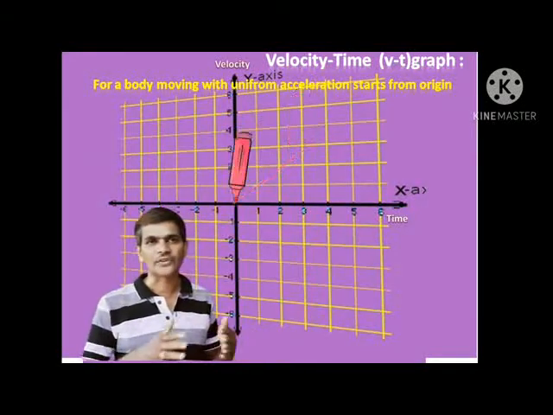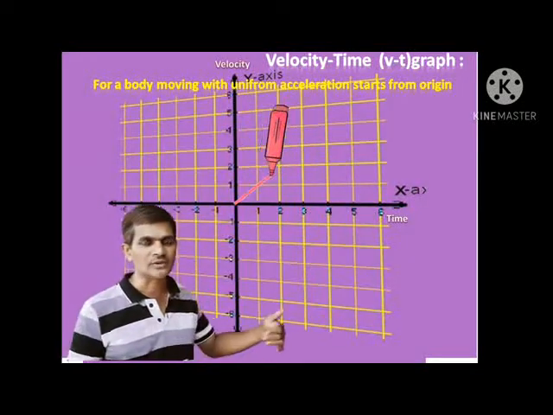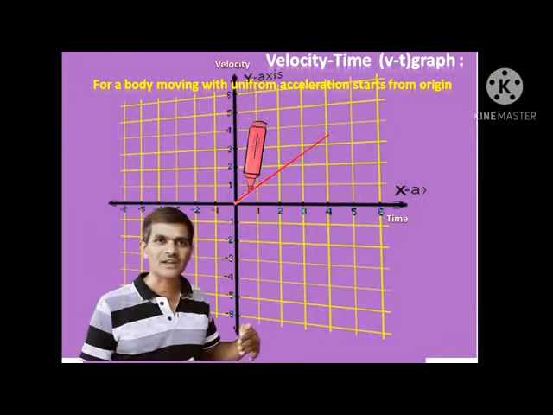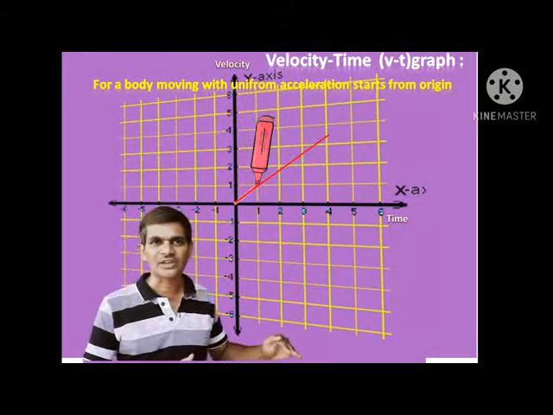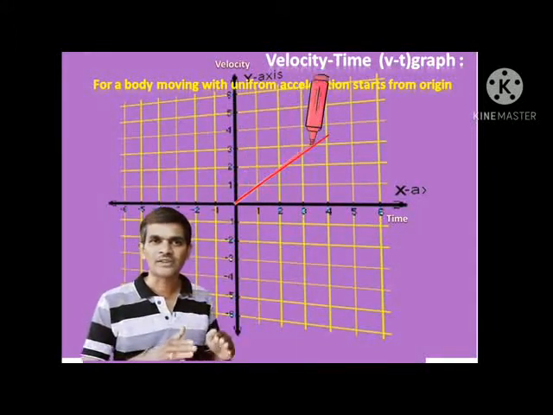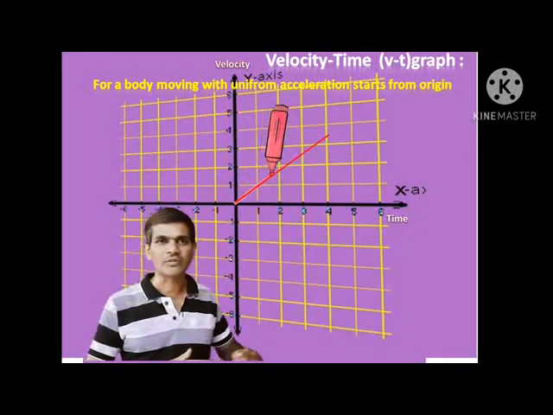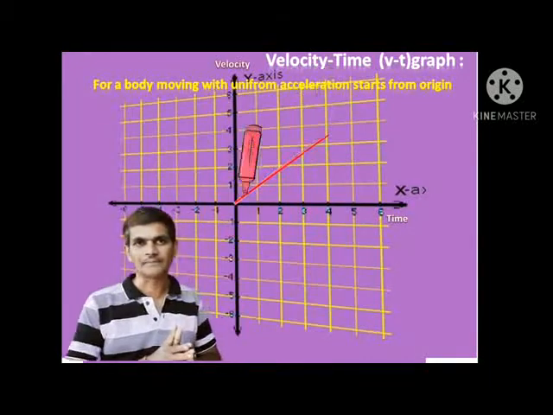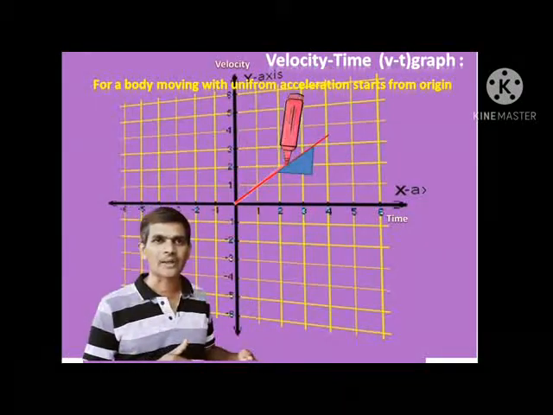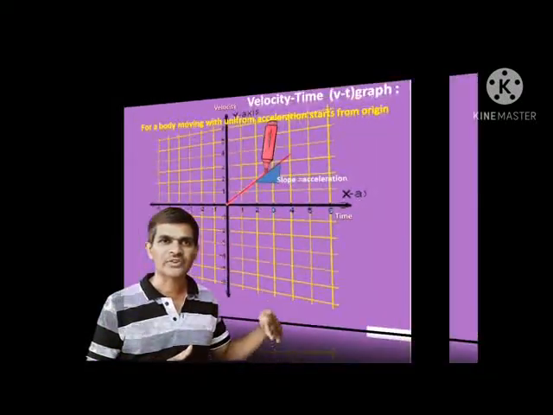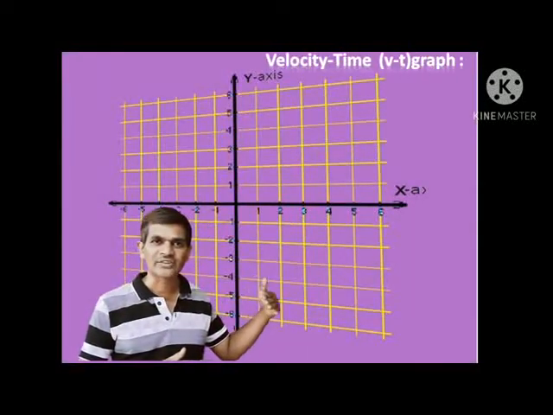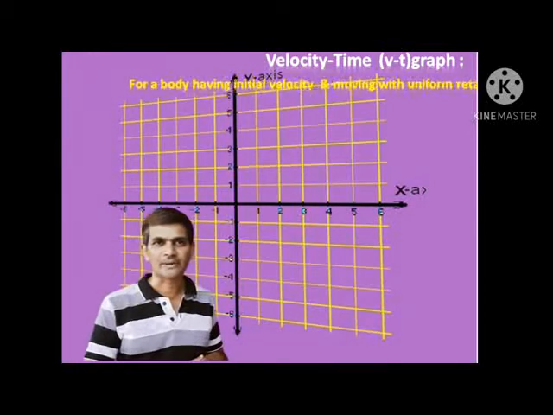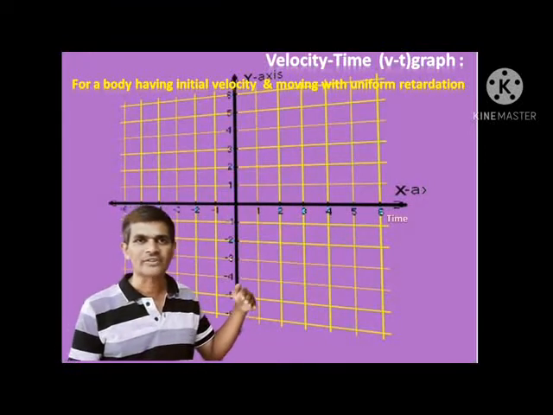The graph is shown in the figure: a straight line inclined to the x-axis. Next, we will see the velocity time graph for a body which is uniformly retarding, or whose velocity decreases uniformly with respect to time. Then the graph is as shown in the figure.